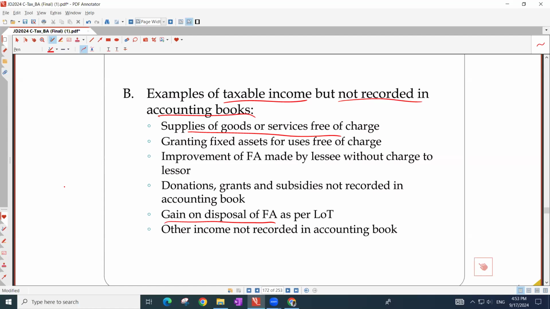So, gain, no tax. Loss, non-deductible. But for asset class 1 or any assets depreciated based on straight line from the law on taxation, you are allowed to calculate capital gain and loss even if you dispose of only one asset.